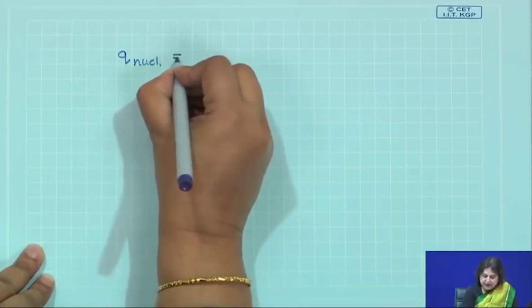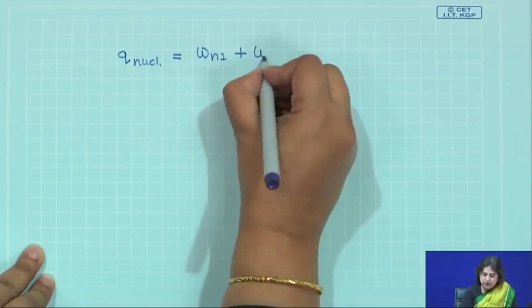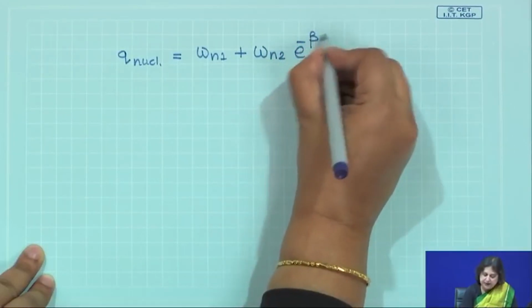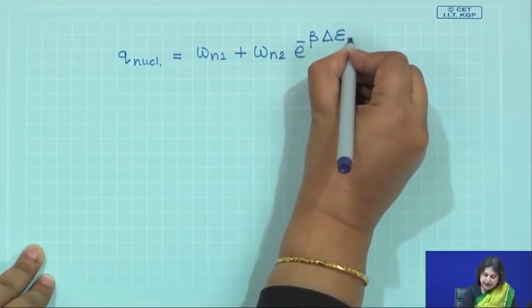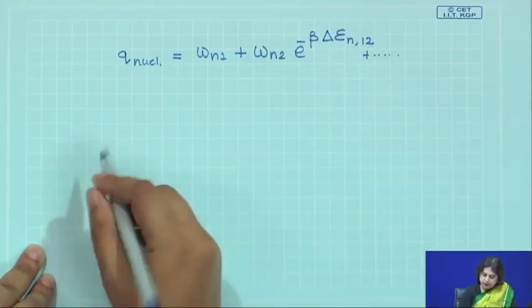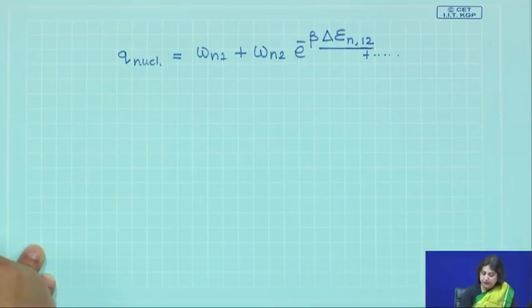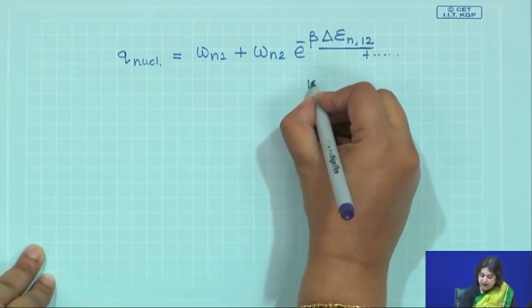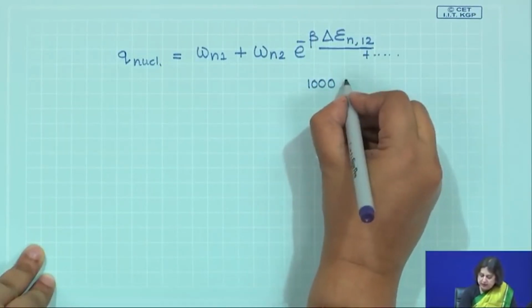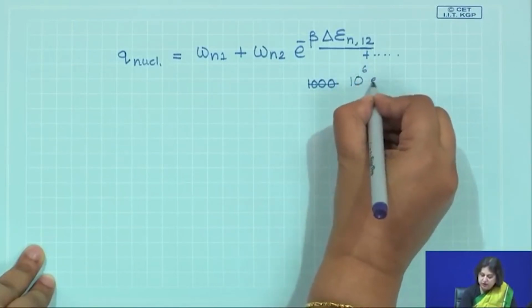Q nuclear is equal to omega n1 plus omega n2 e to the power of minus beta delta E n 1 2, and other terms. I know that these nuclear energy states are so far apart from each other, roughly 10 to the power of 6 electron volt.